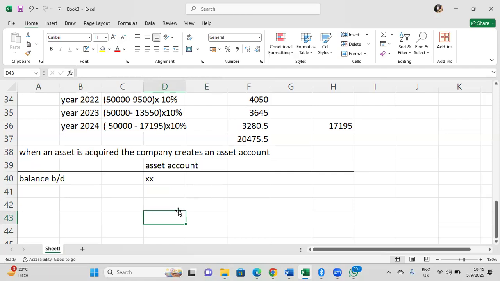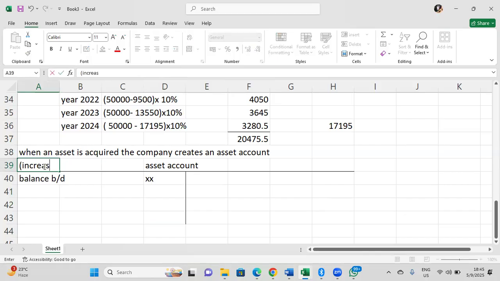If we buy more assets, we are going to debit the asset account, so the asset account records my assets now. If we buy more assets, we debit the asset account to show that the assets in the business are increasing.